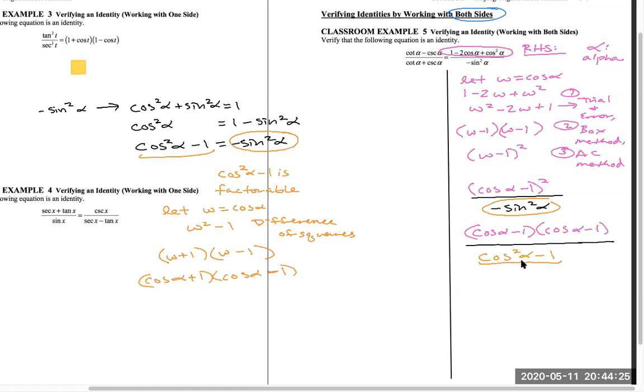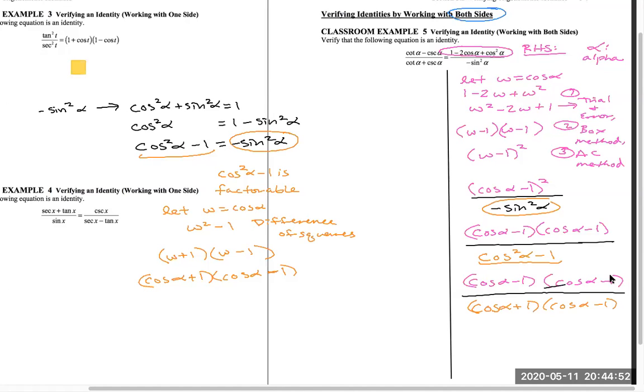So what this bottom part here becomes is cosine alpha plus 1 times cosine alpha minus 1. And on the top, we still have the same thing: cosine alpha minus 1 times cosine alpha minus 1.